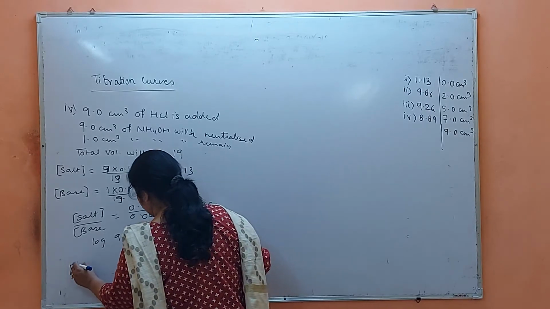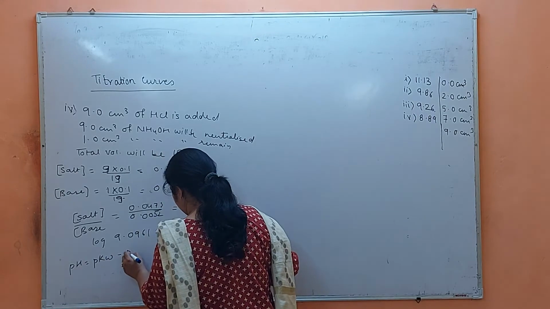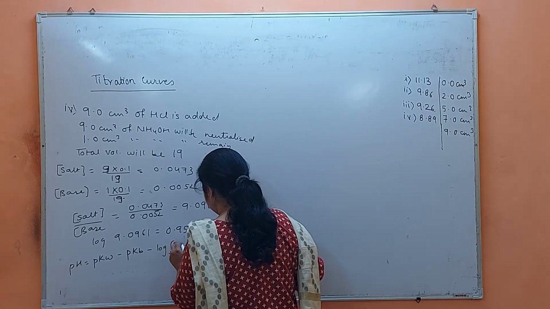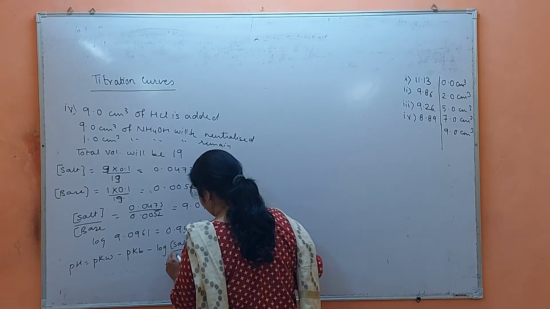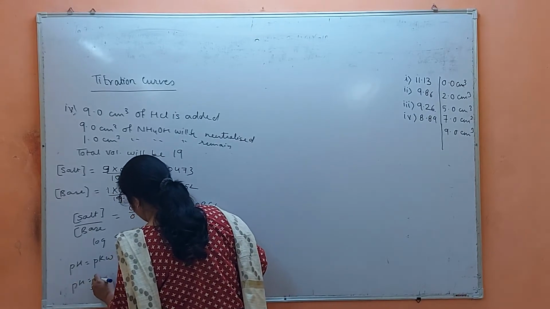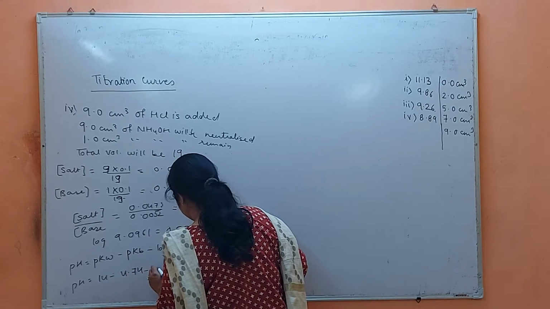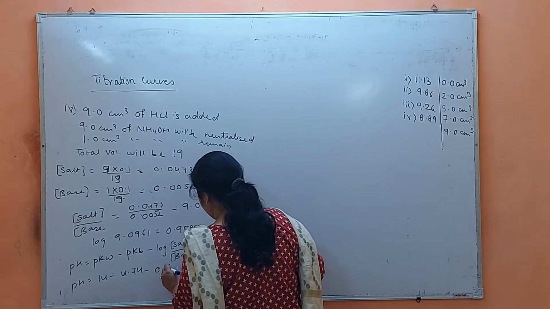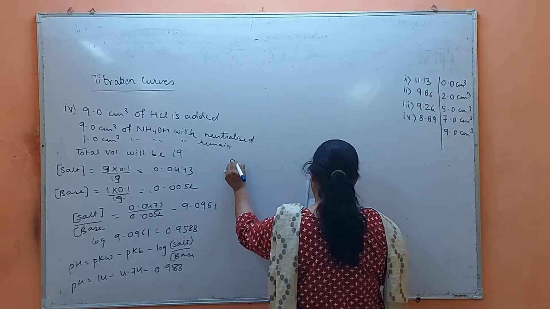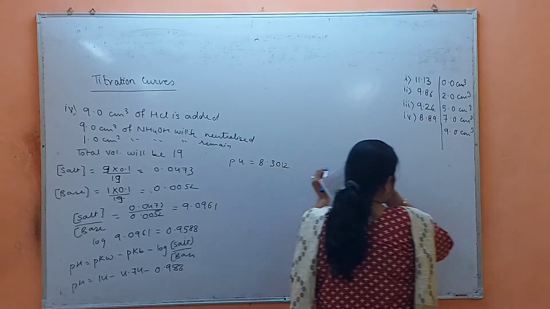Now pH is equal to pKw minus pKb minus log of salt by base. All right. So pH will be equal to 14 minus 4.74 minus 0.9588. So pH comes out to be 8.3012.